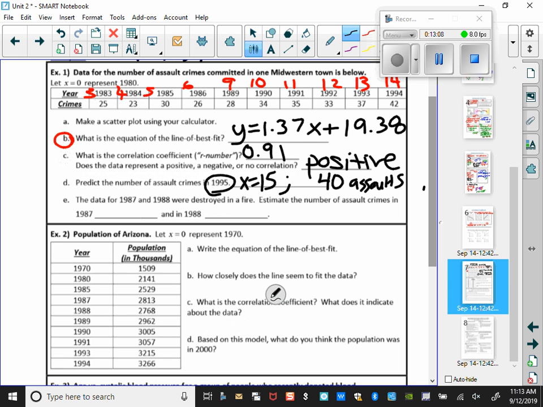So why don't you try those last two? You are going to try E right now. These last two, if you have a calculator, try them at home with the back of these instructions.